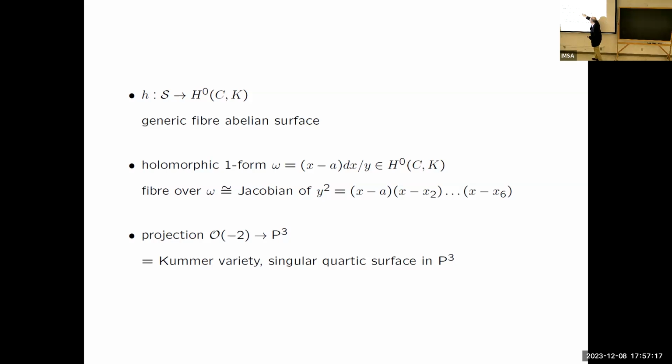So looking at the inverse image of a holomorphic one form, which looks like this, the holomorphic one form vanishes at the a. And then if you look at the projection onto P3 of these abelian surfaces, strictly speaking, I suppose it's a rational map, then what you get is a Kummer variety, which is a quartic surface in P3.